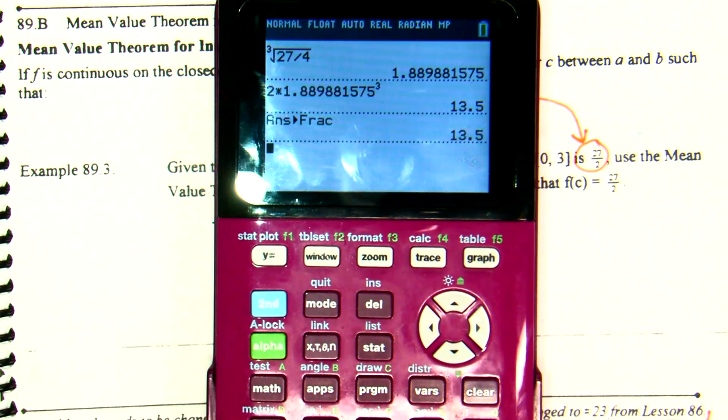My calculator did not want to make 13.5 a fraction for whatever reason, but 13.5 would be 27 halves. It must not be an exact 13.5 in the calculator somehow.